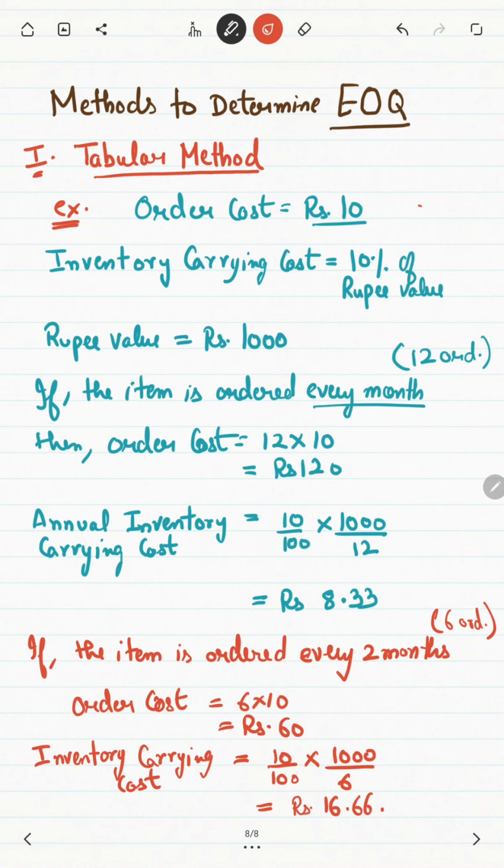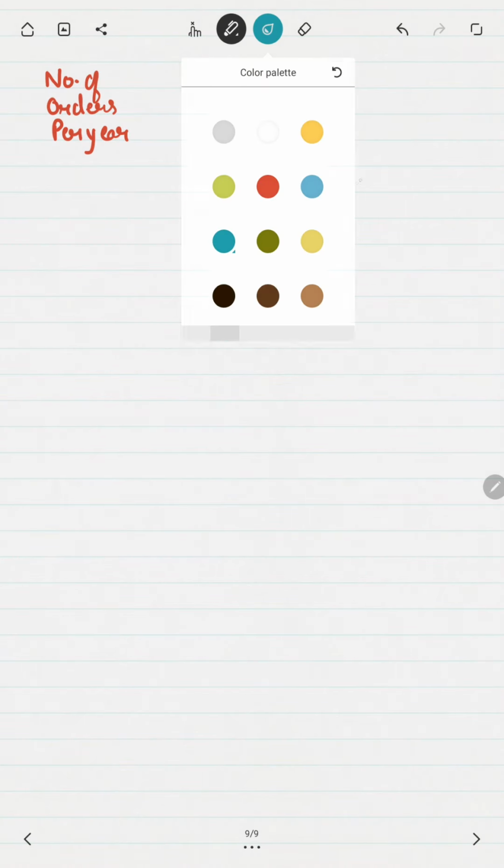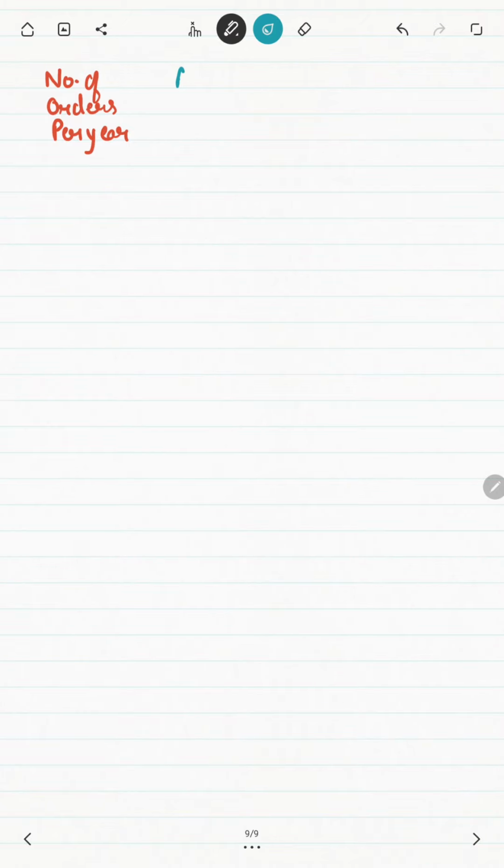Now let us prepare a table for this. To prepare the table, you must first draw 4 columns. In the first column you must write number of orders per year. For the next column it is annual ordering cost.